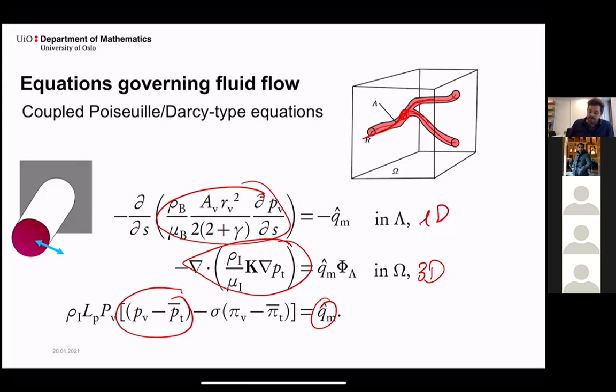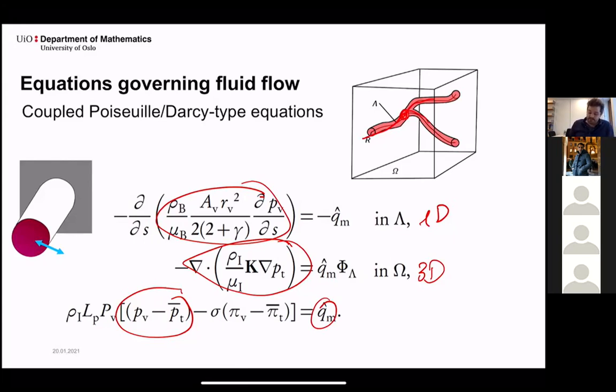But now in the mathematical sense, this is going to be a 1D entity embedded in a 3D space, and we can't directly couple them. We need to somehow jump these two dimensions that are now mismatching between these two models.